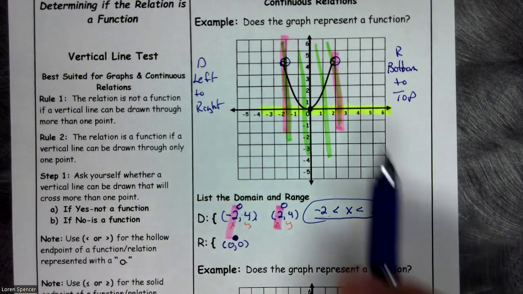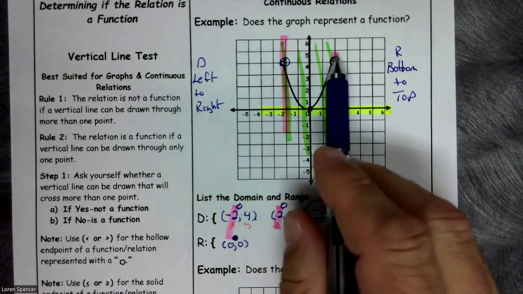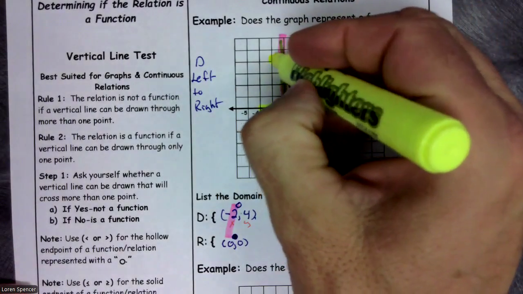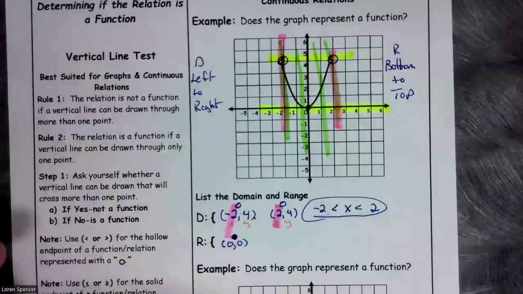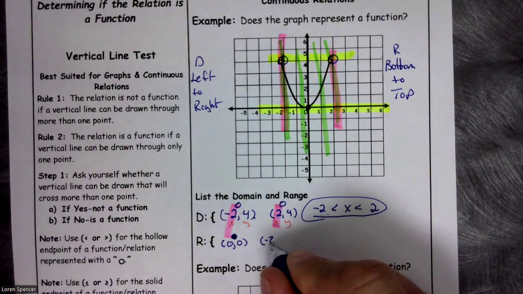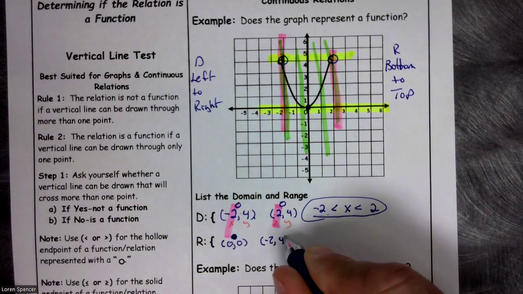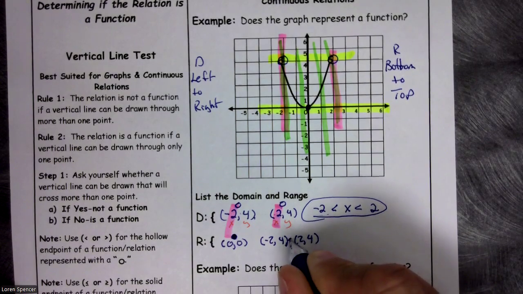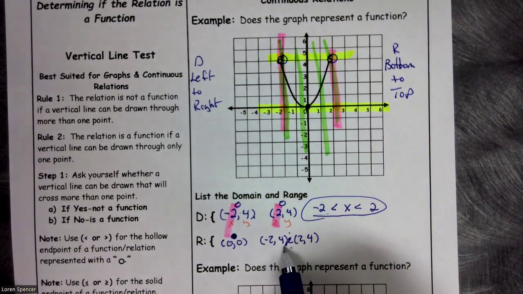And my highest value, well, I have two high values. My highest values happen to be negative 2, 4 and 2, 4. So that's my top value.